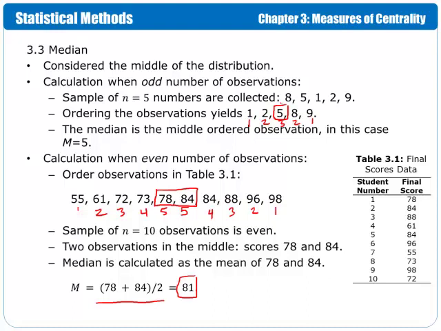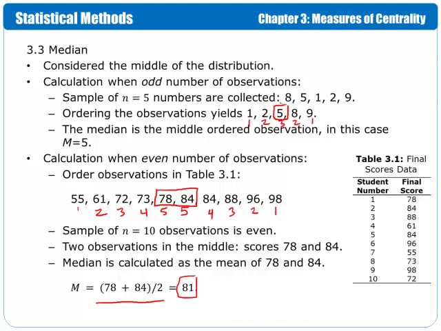It is very important that you remember to order the data from lowest to highest before finding the middle value, because if the data are in some other order, you will get some other value for the median. In fact, every time you reorder the data, you could get a different median, which is why we need to order the data first so that we know we're getting the middle of the data.